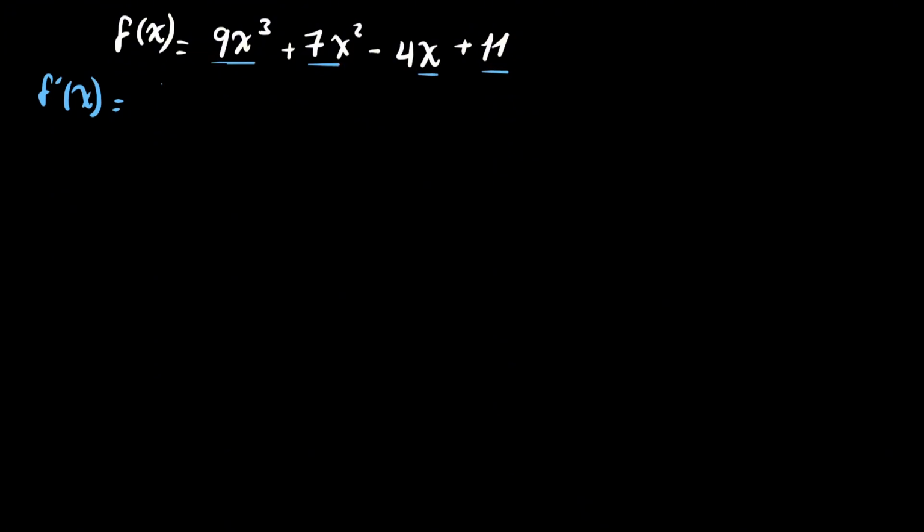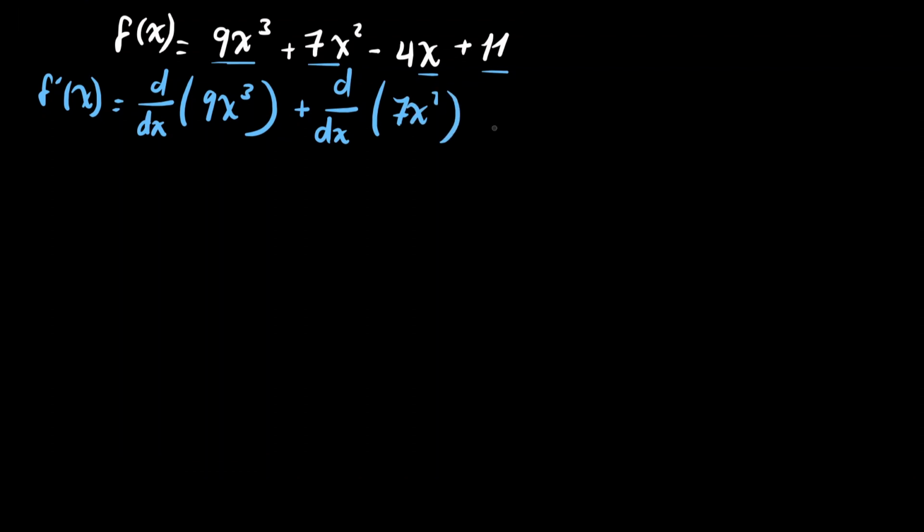So it's going to be the derivative of 9x cubed, plus the derivative of 7x squared, minus the derivative of 4x, plus the derivative of 11.